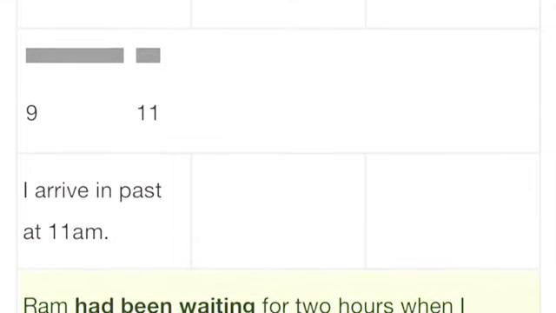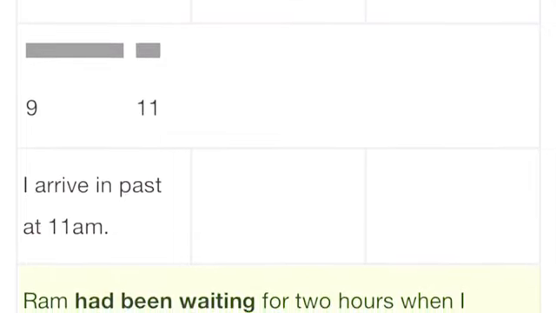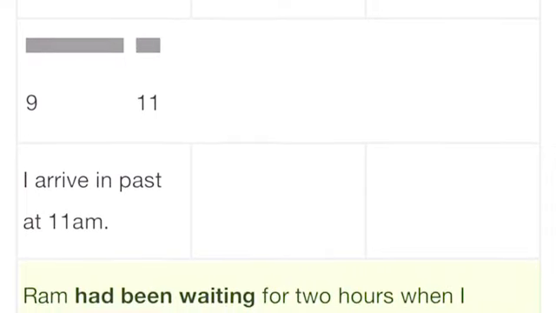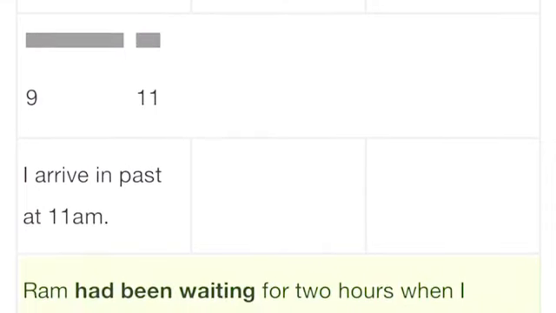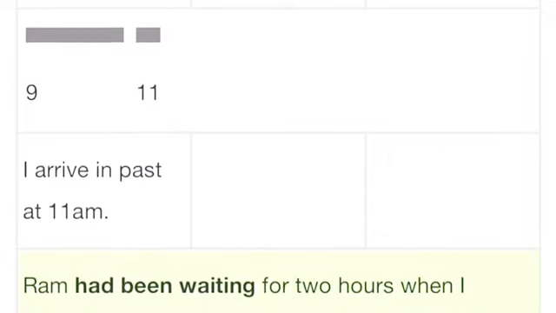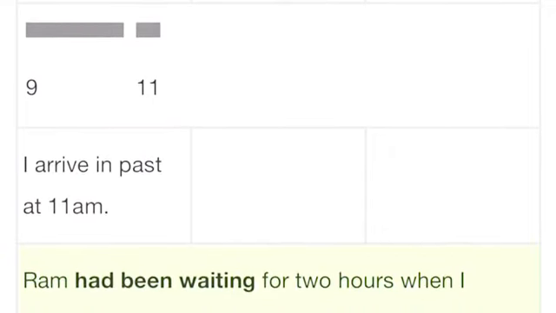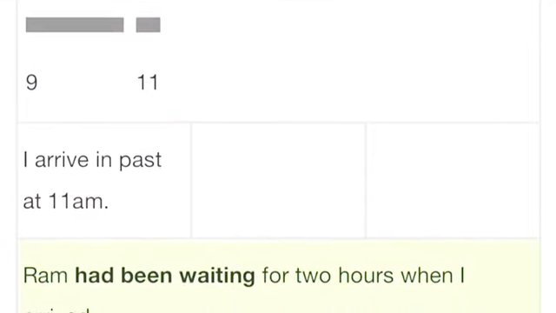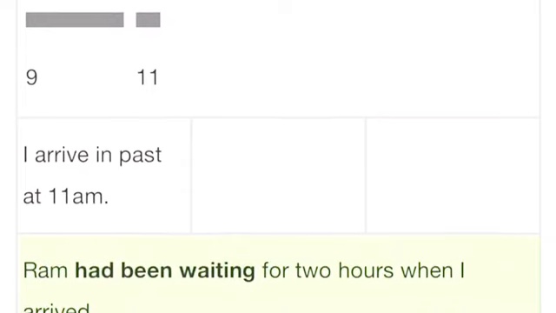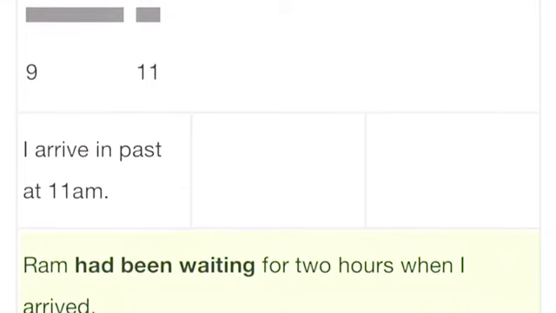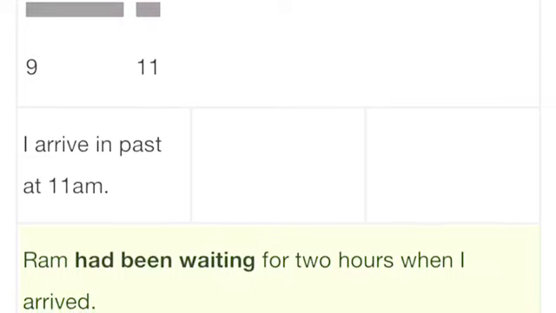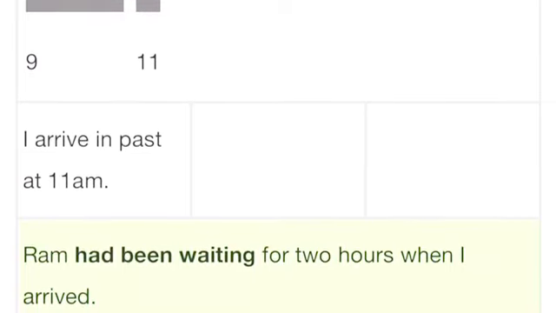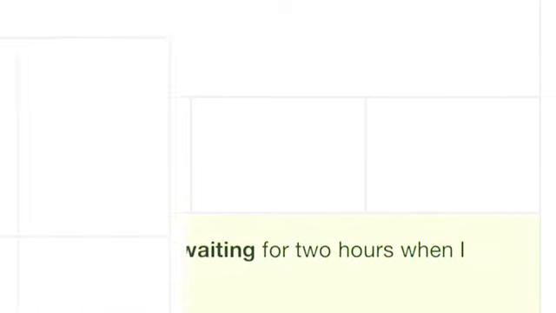So you see here, both actions take place in the past. But see, the past perfect continuous tense expresses longer actions in the past before any other action takes place in the past. Got it? So keep this in mind and then try and identify your past perfect continuous tense.